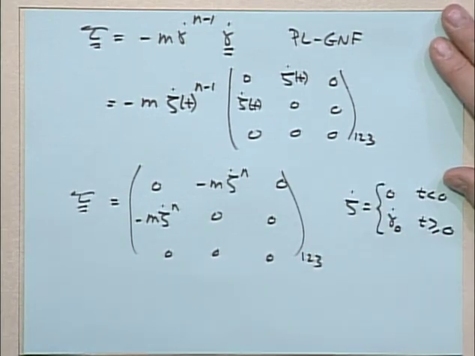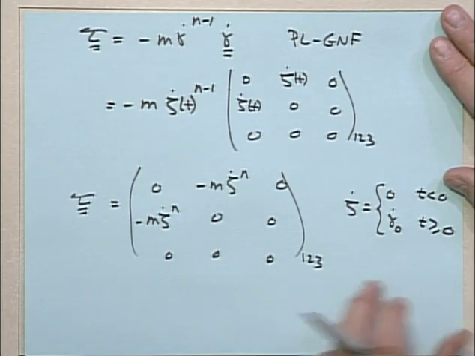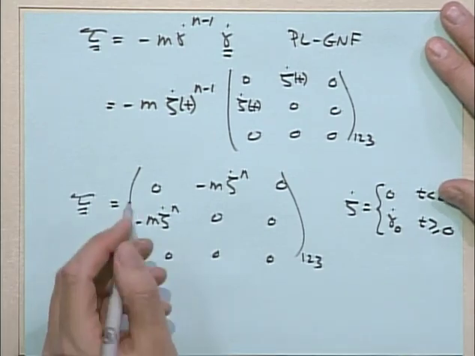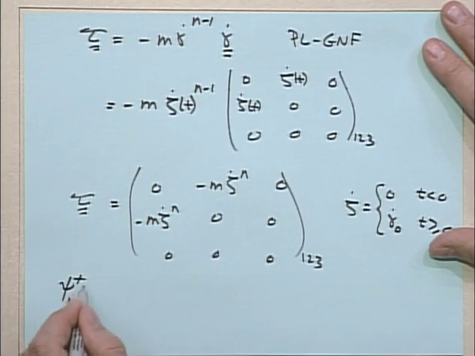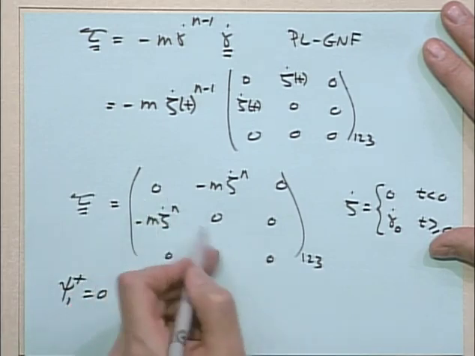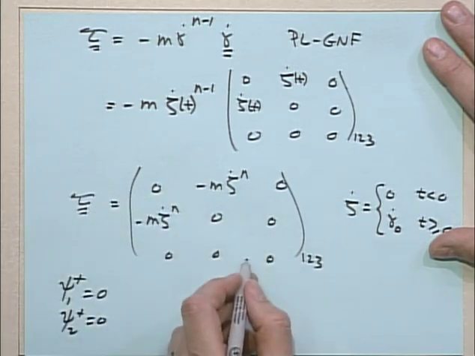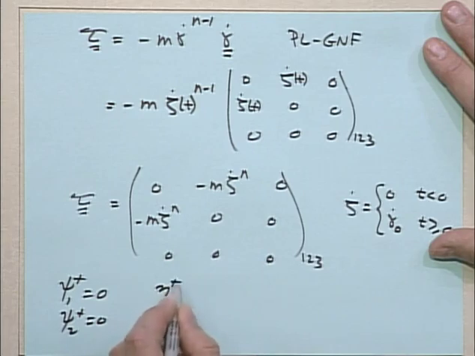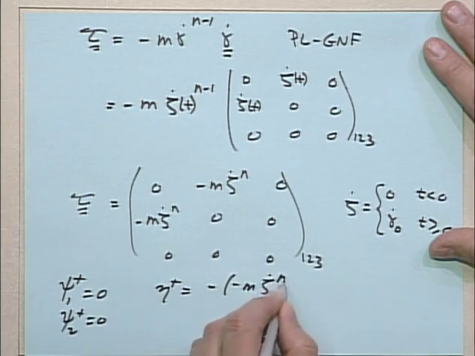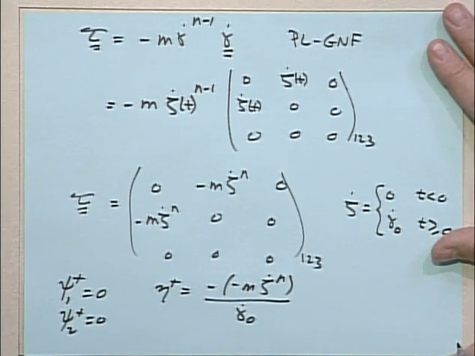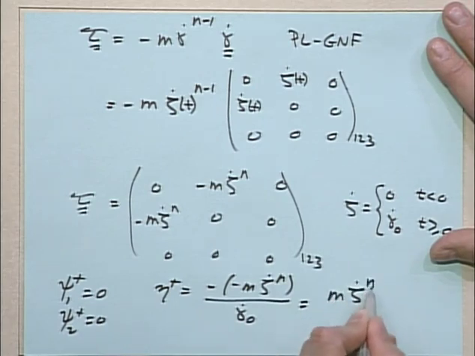So we can break this into two pieces, or we can first do the definition. We can see first of all that psi 1 plus is 0 because all the normal stresses are 0, and psi 2 plus is 0, all the normal stresses are 0. And eta plus is equal to minus m sigma dot to the n over gamma dot naught. So those minuses cancel, and it's equal to m sigma dot to the n over gamma dot naught.